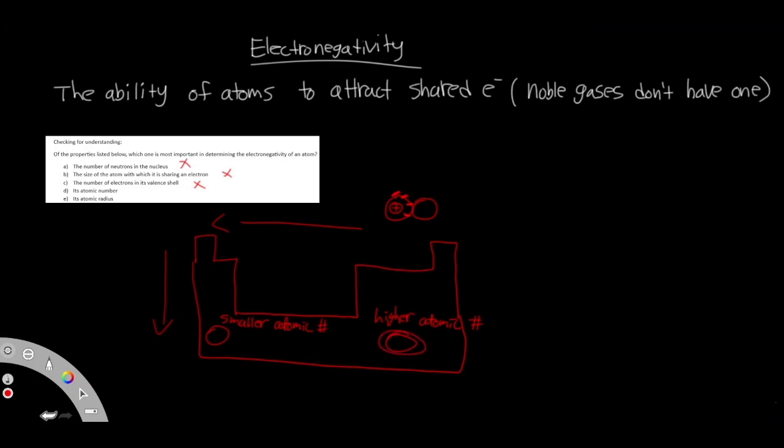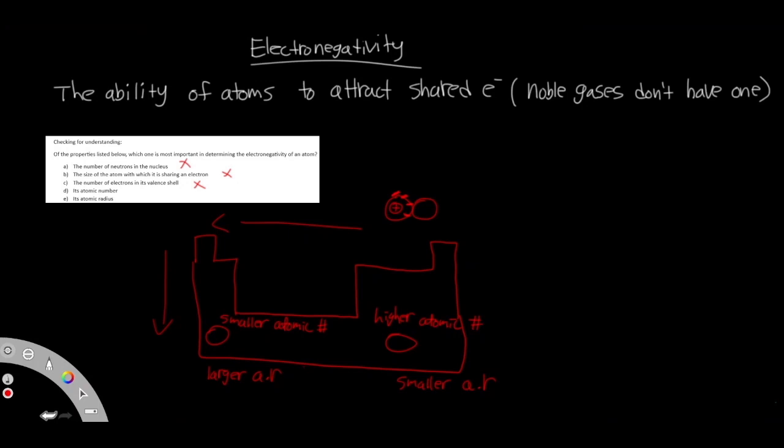This here, even though it has a higher atomic number, as you can see, its radius is going to be small. It's going to be a smaller size. Smaller atomic radii. This one here has a smaller atomic number, but it has a larger atomic radii. The biggest determining factor for the electronegativity has to be the differences of its size.